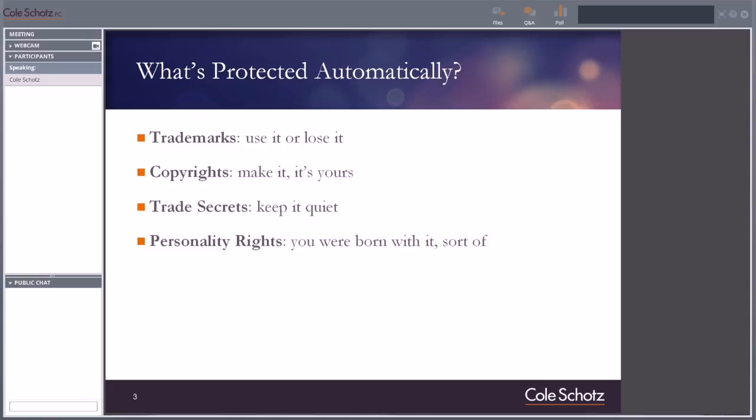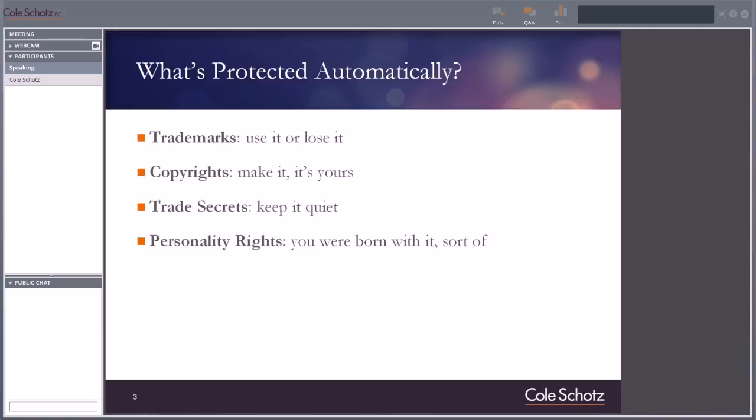The first would be whether the word, phrase, or design, whatever the case may be, is actually being used as a trademark. As was discussed on the last webinar, a trademark is a source identifier and must be used in such a way that the consumer associates the mark with the particular goods or services of a company or an individual, whoever the owner of the mark is.